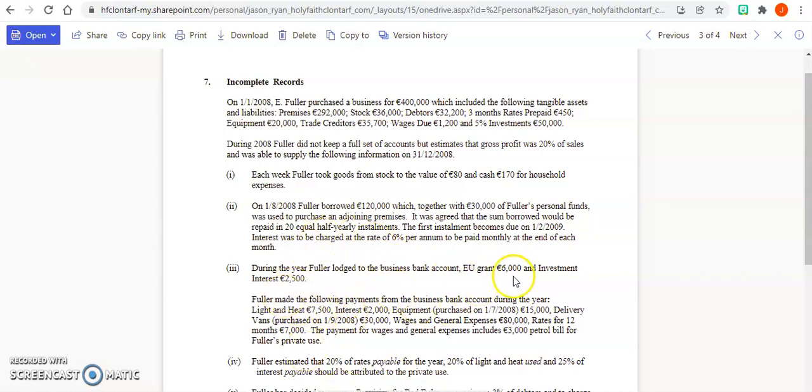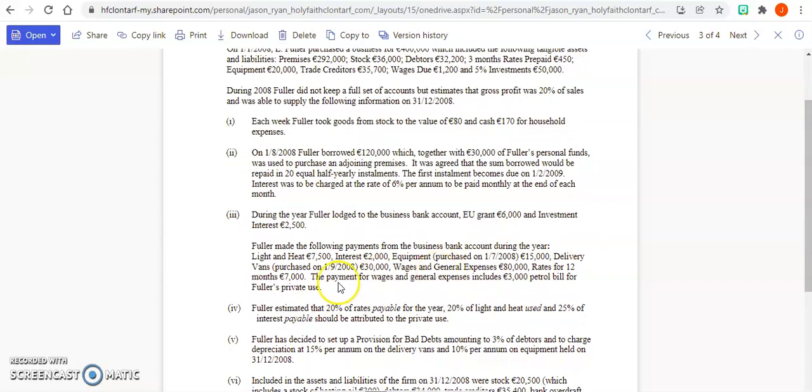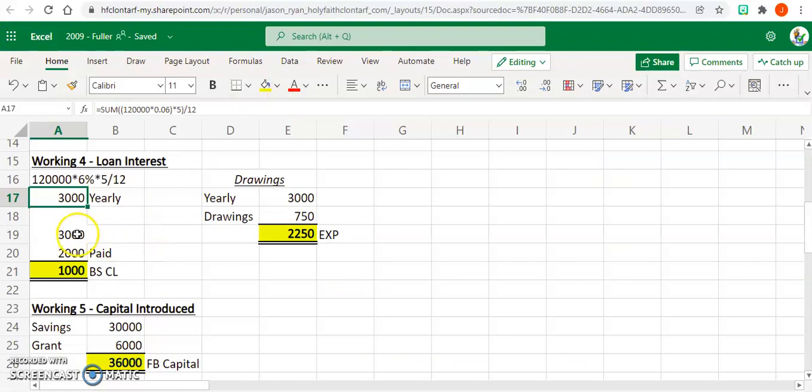So we have a scan down the question. So see, 20% of rates payable is for private use, and we paid interest of 2,000. So we're going to take the 3,000.